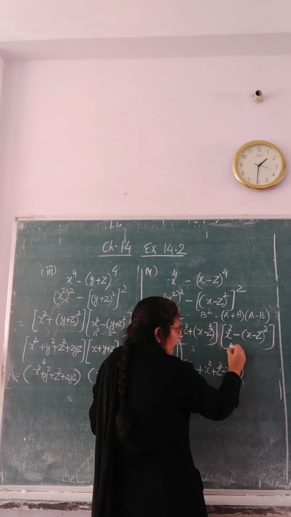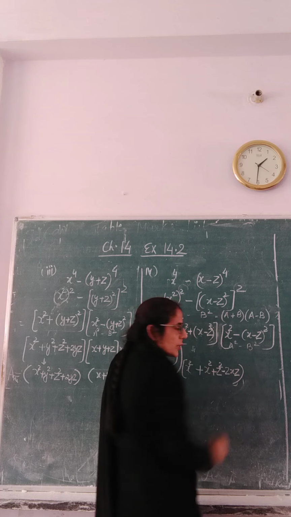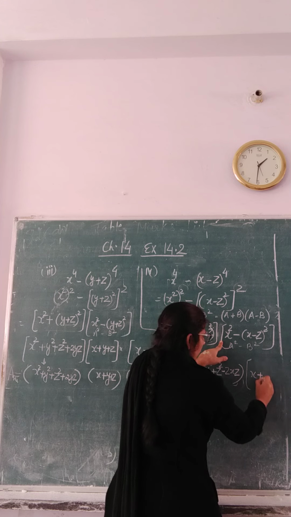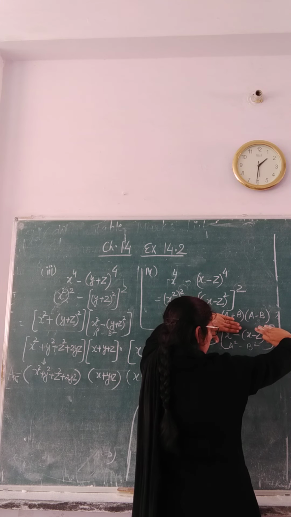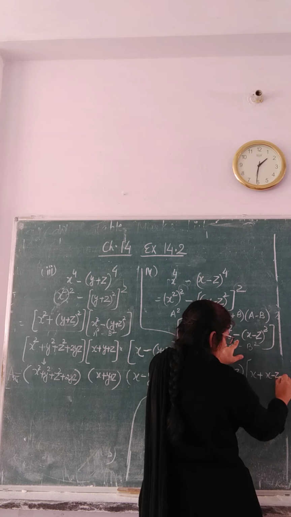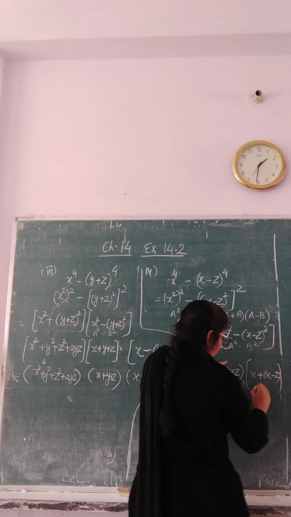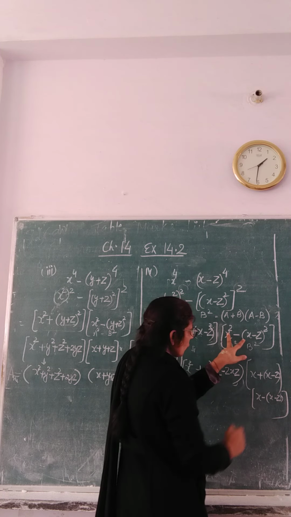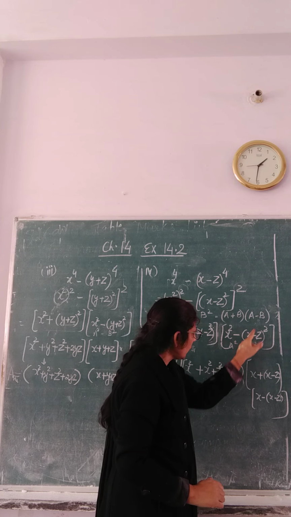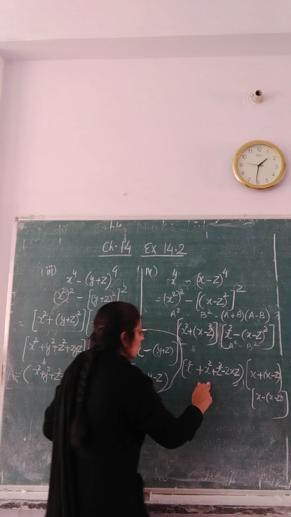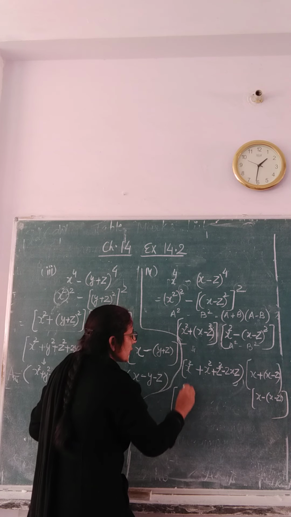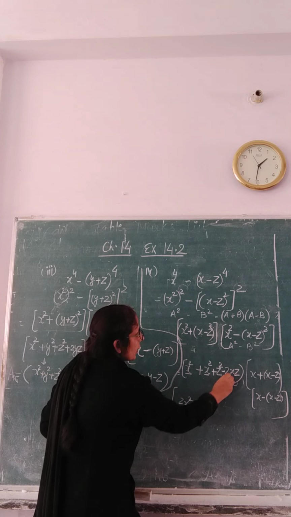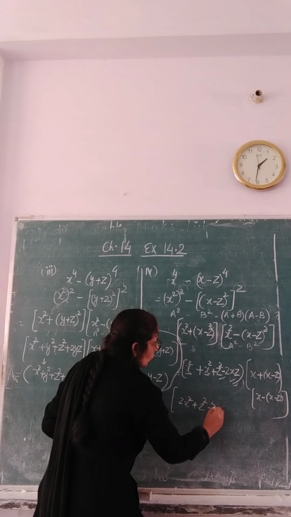Now in this it is again the formula a square minus b square. So once we add them, now this square is removed. Now it will be (x square plus (x minus z) square) and (x square minus (x minus z) square), so once we have to add them without the square, once we have to subtract them. Now x square plus x square, what is the answer? x square plus x square is 2x square, plus z square minus 2xz.